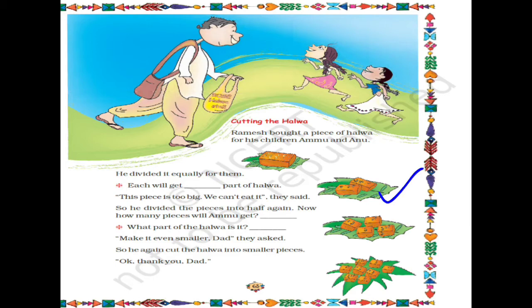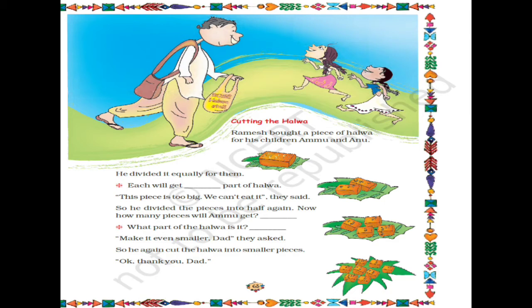Next, let's read ahead what is given. This piece is too big. We can't eat, they said. So he divided the pieces into half again. Now how many pieces will Ammu get? Ammu and Anu are saying that this piece is too big for them to eat. So Ramesh has divided it again into half.